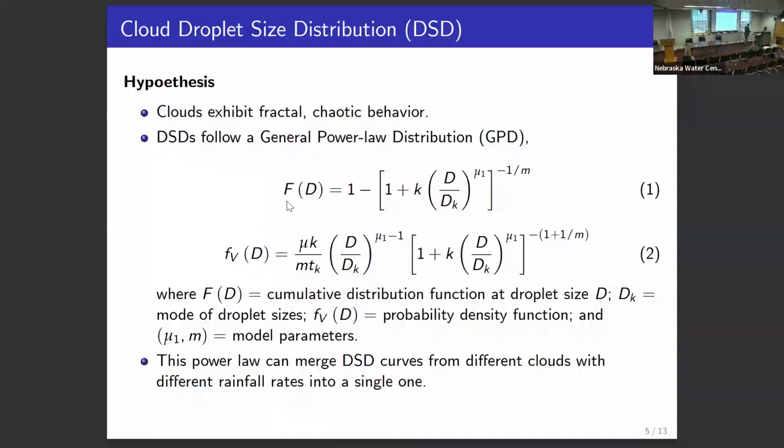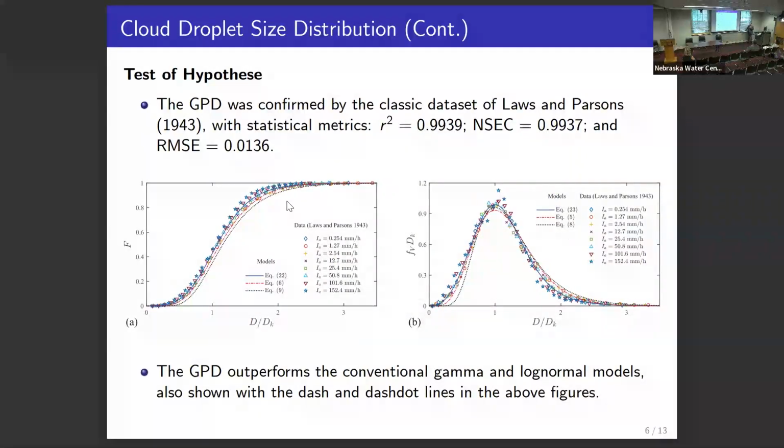So let's first look at how this agrees with the data. These are the droplet size data. This is the first time in the history of hydrology and meteorology that we have a similarity model. We have one model that predicts the drop size distribution from different clouds, different sizes, different rainfall intensities.